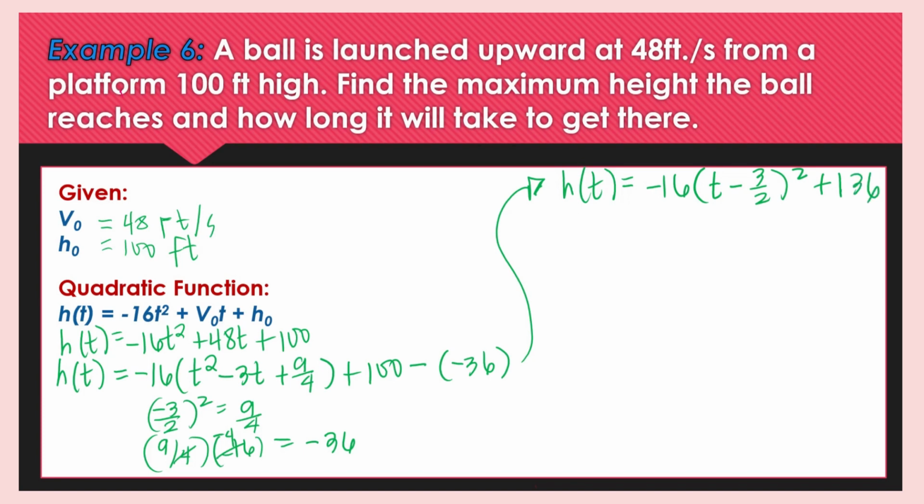So the vertex is at (3 over 2, 136). So this 3 over 2 is the time, and the 136 is the maximum height.